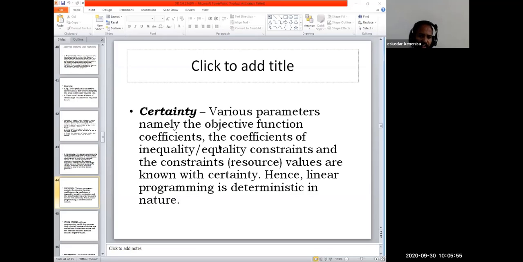function coefficients, the coefficients of inequality, equality constraint, and the constraint or resource. ባለፈው ምንዳለው ሪሶርሶችን ነው.